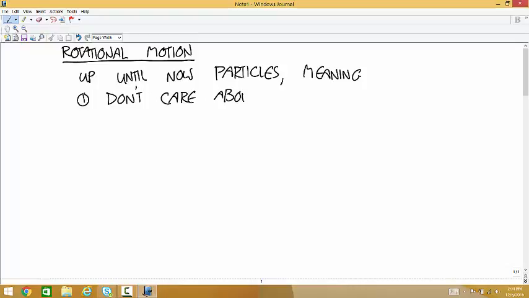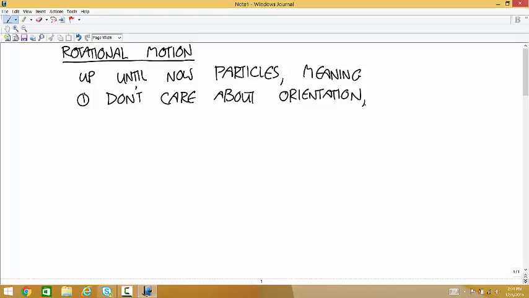And as a result of that, there's something else. It has no length dimensions, and the way I was going to say it here is it doesn't matter where forces are applied because we're assuming all forces act at the same point.